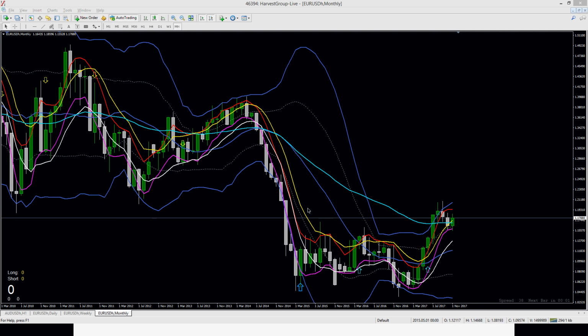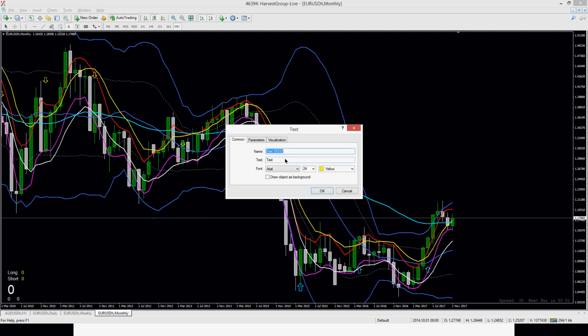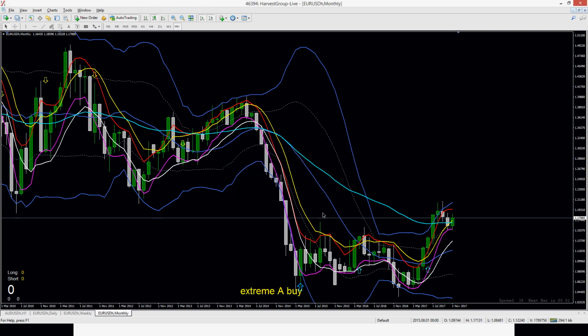So what signals that we have available for the monthly basis is obviously an extreme buy over here. MA is outside of the Bollinger Band. Sometimes it's quite important for you to mark all of these things so that you guys understand. I mean, it helps you to identify all the other stuff.